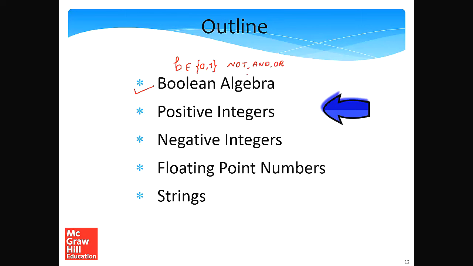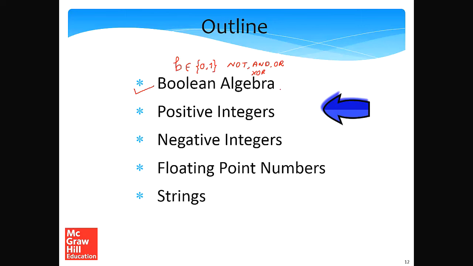Then we had some complicated operations like NAND and NOR. We also had the XOR, exclusive OR operation. So maybe these four operations can be considered to be basic. And we looked at some simple rules of manipulating Boolean variables.